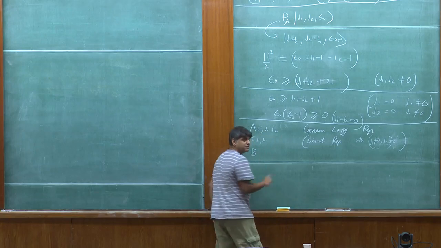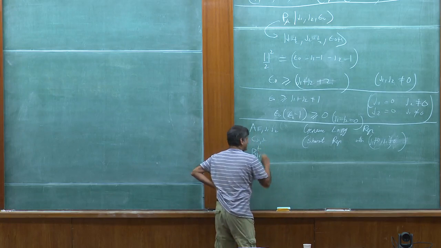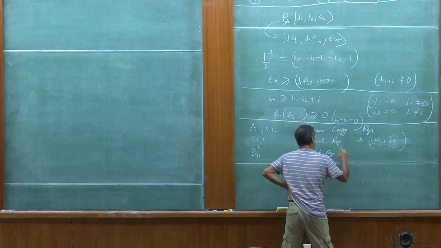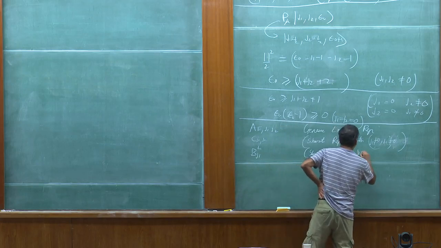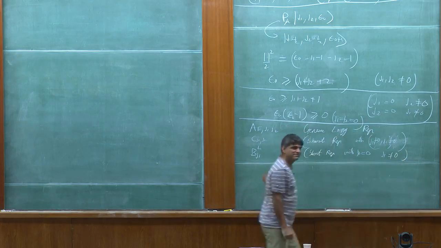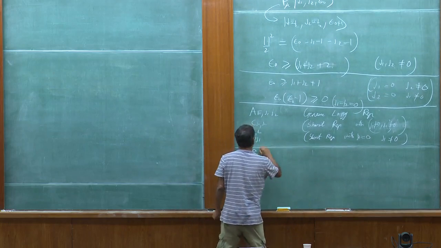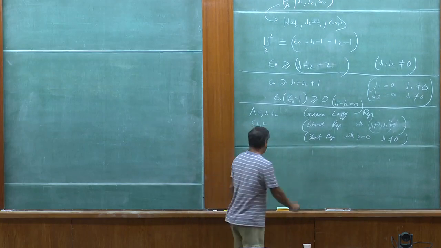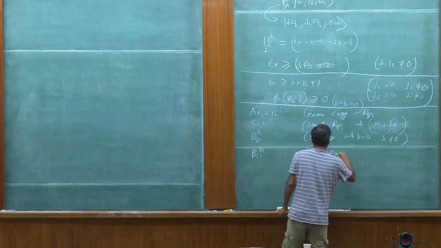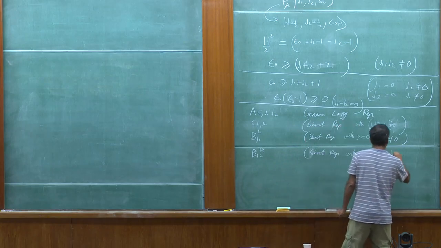Then we will also use the following notation. Let's call B J1, and let's put an L here, the short rep with J2 equals 0 and J1 not equal to 0. Similarly, we'll denote B J2 and we'll call it R, the short rep with J1 equals 0 and J2 not equal to 0.